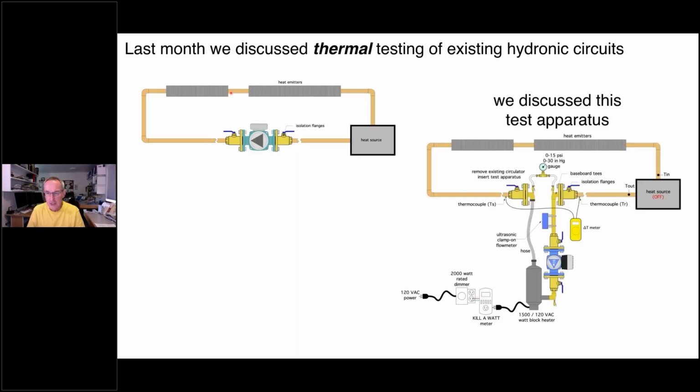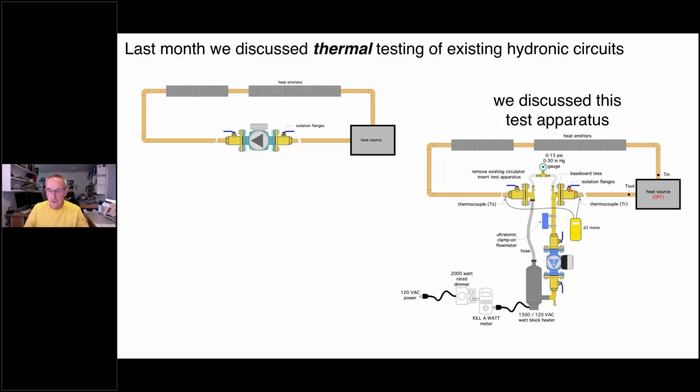Now, in last month's webinar, we talked about this test apparatus here, and I'm just going to give you a quick review. Basically, we're going to tap into the circuit where the existing circulator is. And typically today we find either isolation flanges like I'm showing here, or ball valves that are on either side of the circulator flange.